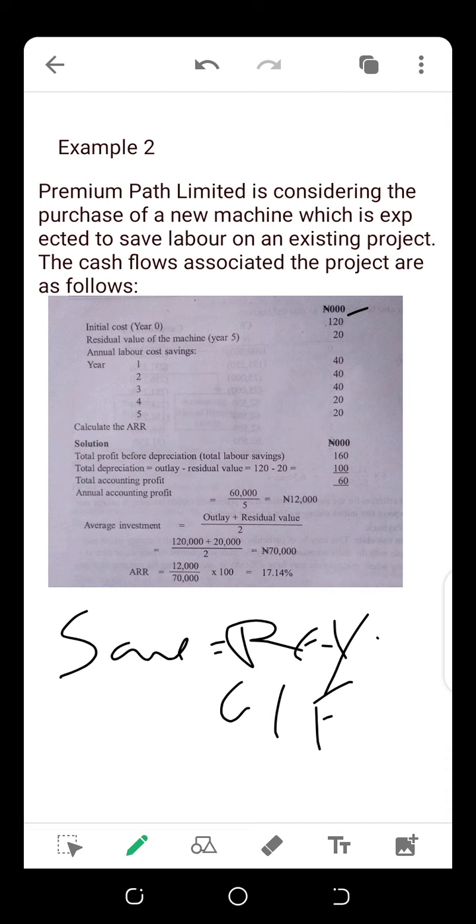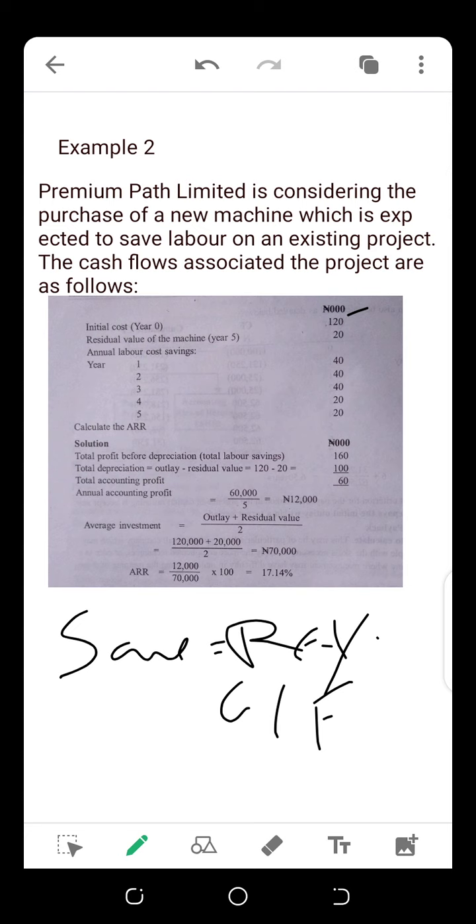Now, this savings is after all necessary returns that are expected on that project must have taken place. That is why we arrive at this amount that was saved. 40,000 was saved in year 1. Then you save 40 again.